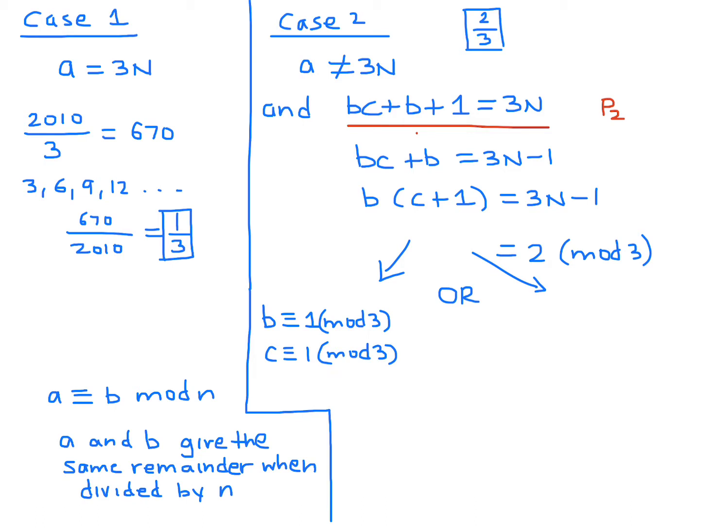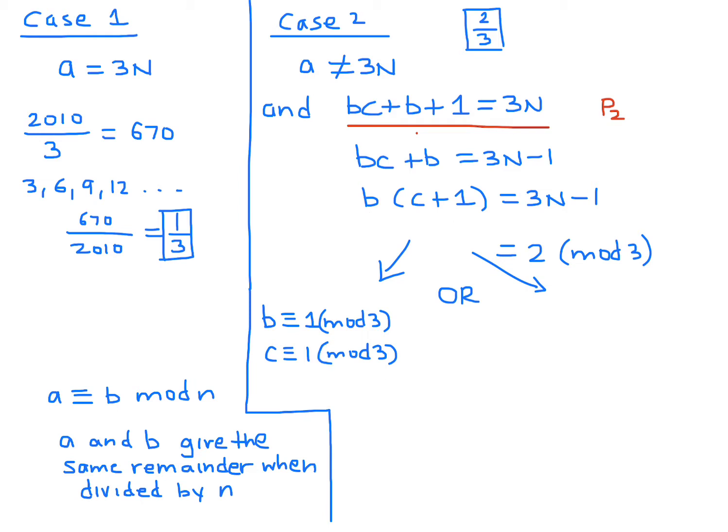Because if you combine those, it will become 1 times 1 plus 1, and that is equivalent to 2, right? 1 times 2 is 2. So that's the first scenario that this works.